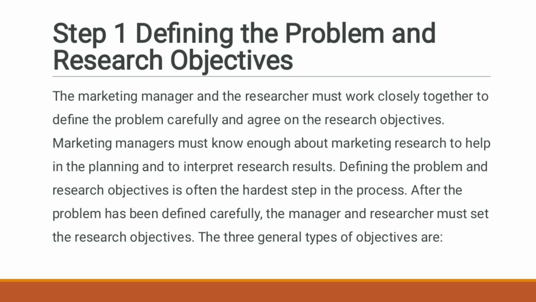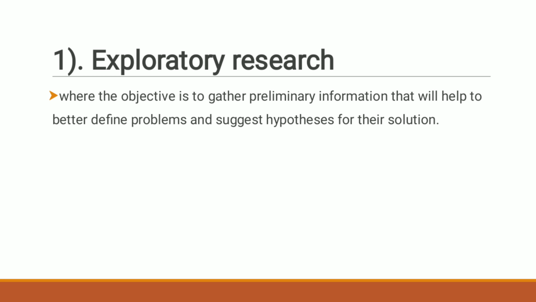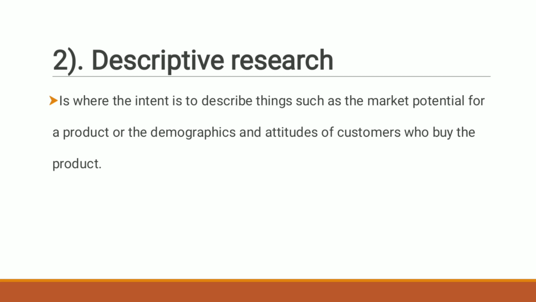After the problem has been defined carefully, the manager and the researcher must set the research objective. The three general types of objectives are exploratory research, where the objective is to gather preliminary information that will help to better define the problem and suggest a hypothesis for its solution.